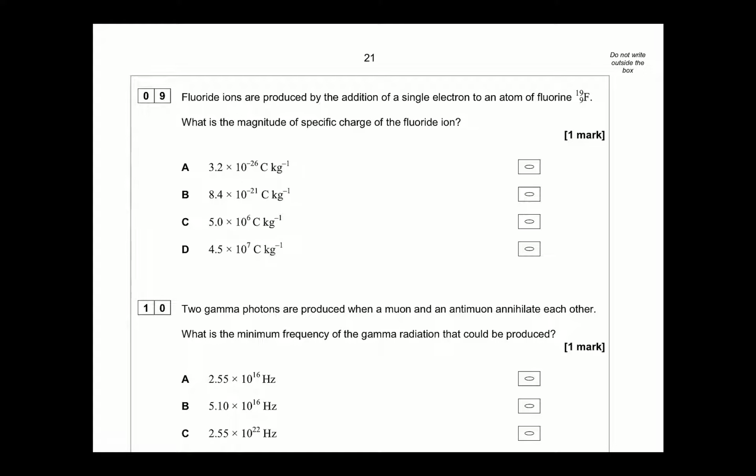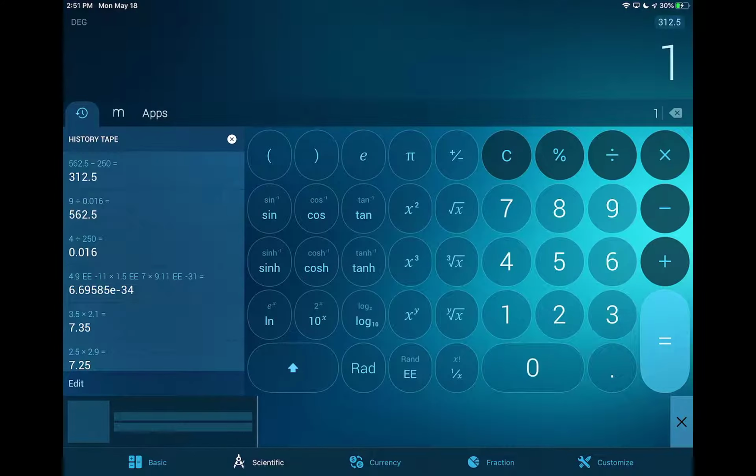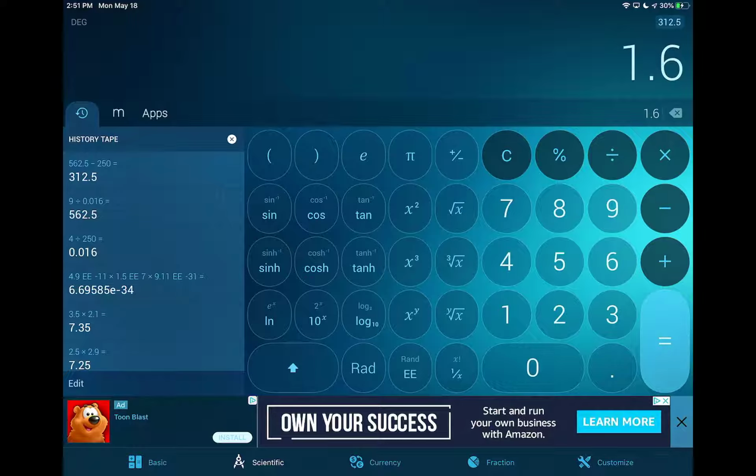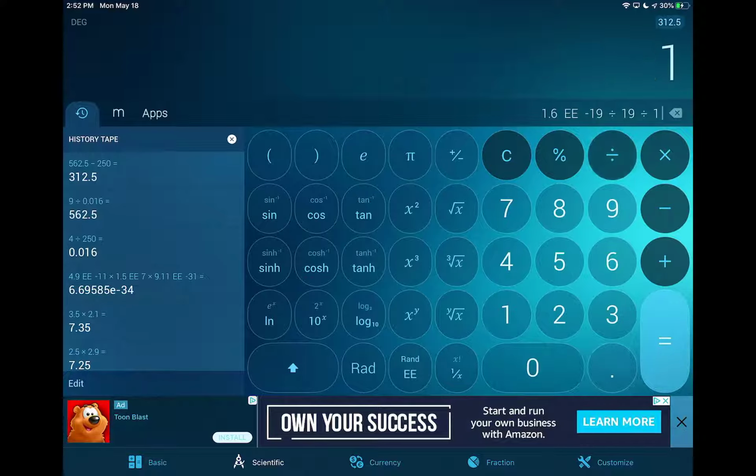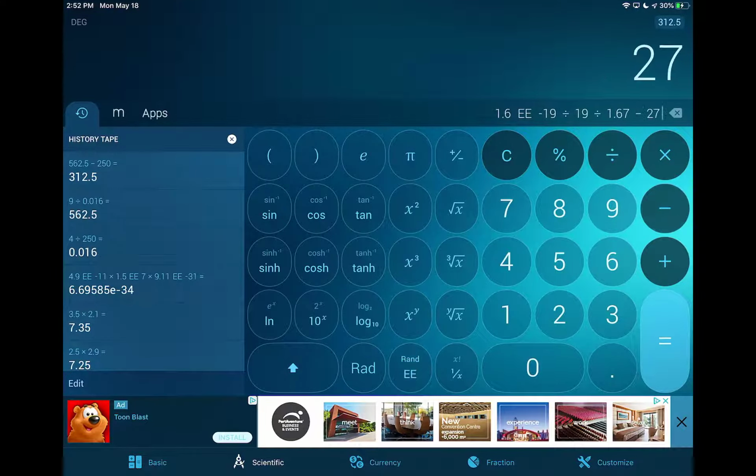So, a fluoride ion has an excess charge of 1.6 times 10 to the minus 19, divided by 19, divided by the rest mass, 1.67 times 10 to the minus 27.